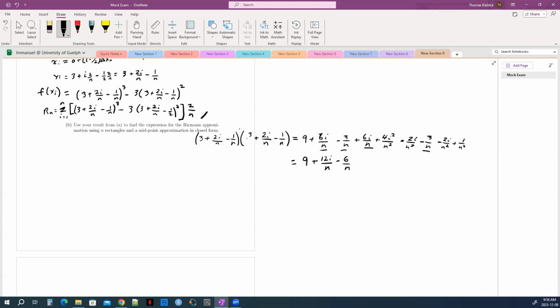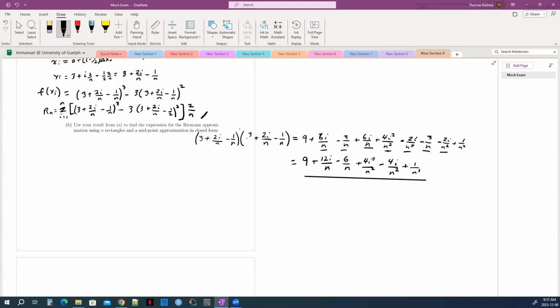And then I have 4i squared, so plus 4i squared over n squared. And then I have this minus 2i over n squared twice to give us minus 4i over n squared. And then I have plus 1 over n squared. So this is my squared terms.